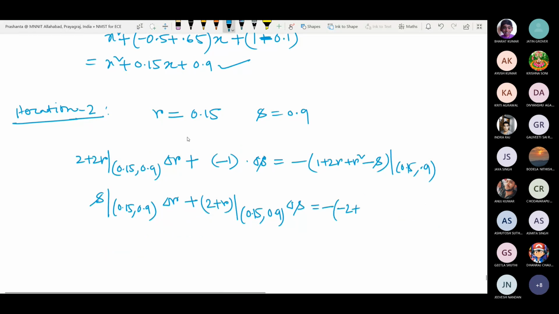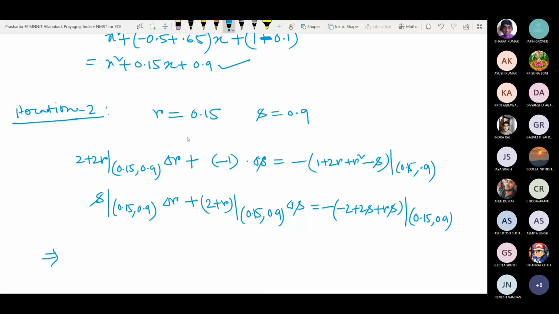Minus 2 plus 2s plus rs. It has to be evaluated at this point.